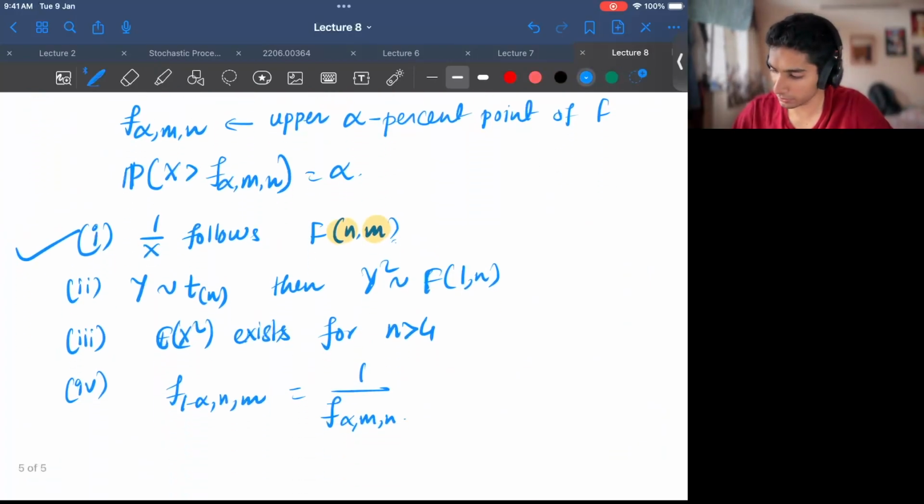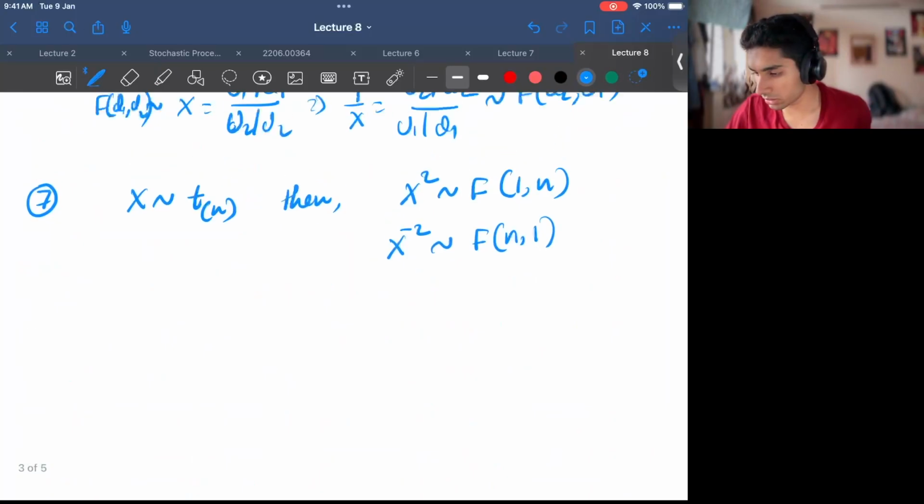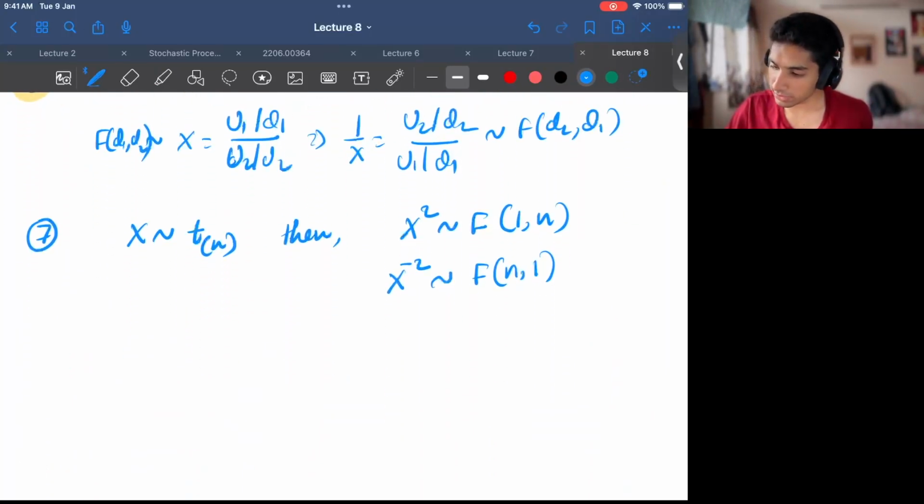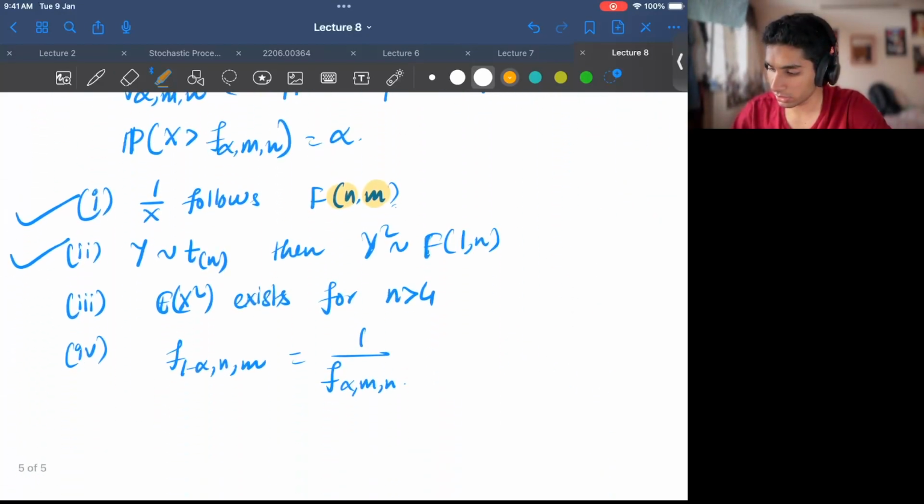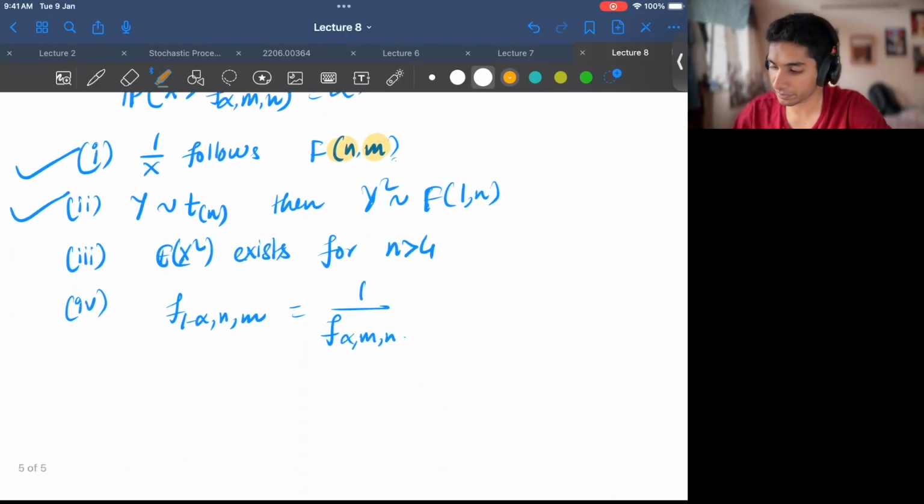So that is correct. The second statement is also correct because we just saw this property that if X is following a T distribution with degree of freedom n, then X square will have an F distribution with parameters 1 comma n. So that is also correct.